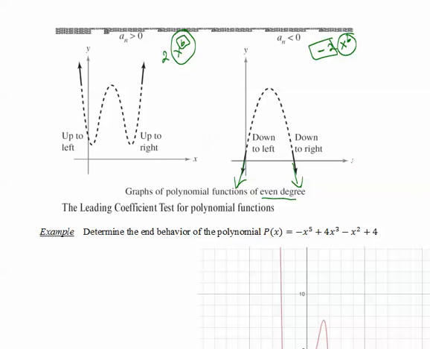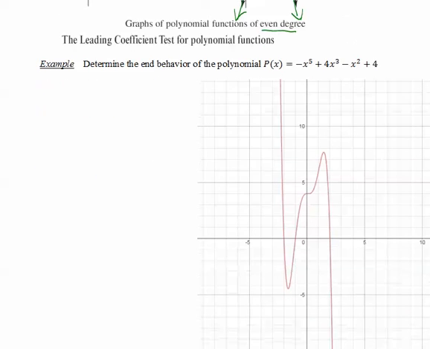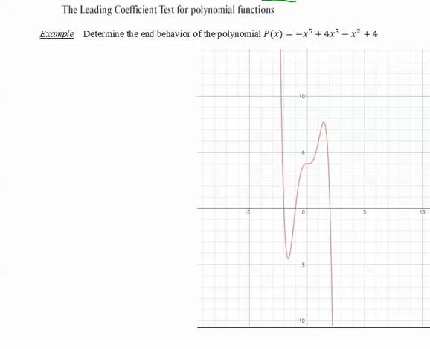So let's see this example here. Determine the end behavior of the polynomial. I have the graph here, nicely done, but if I didn't have the graph, I would know that it's odd. I ignore the rest, and I just look at y equals negative x to the fifth. So I know that if x is negative 10, then I will have y equals negative of negative 10 to the fifth.